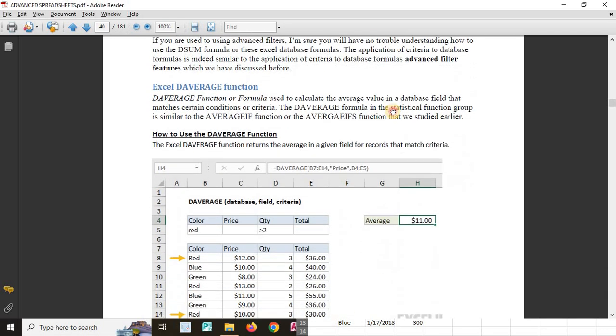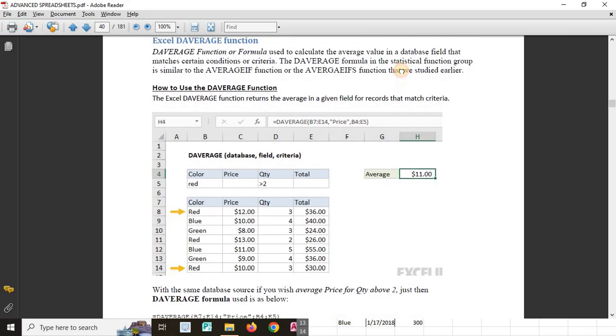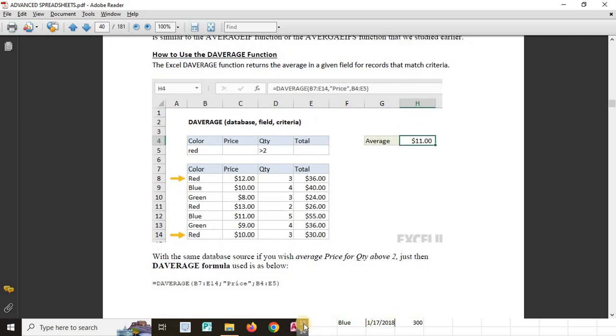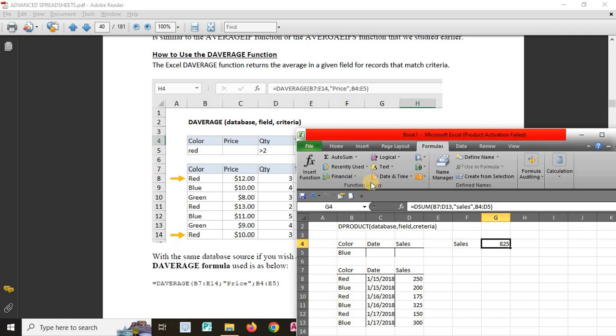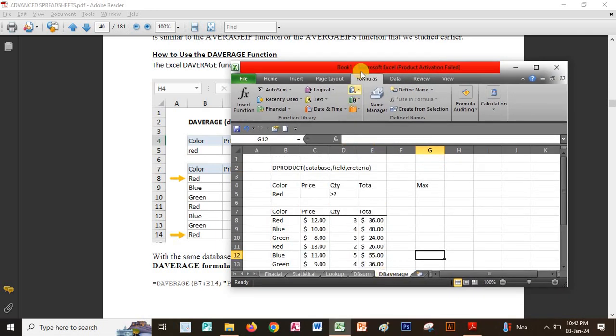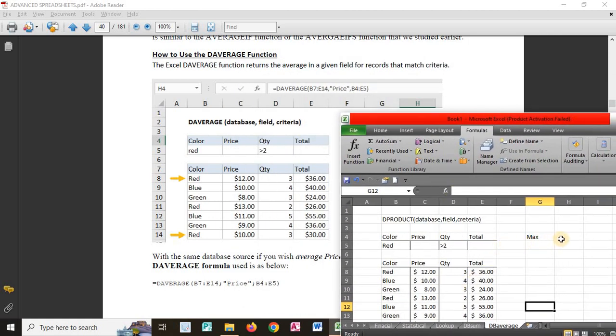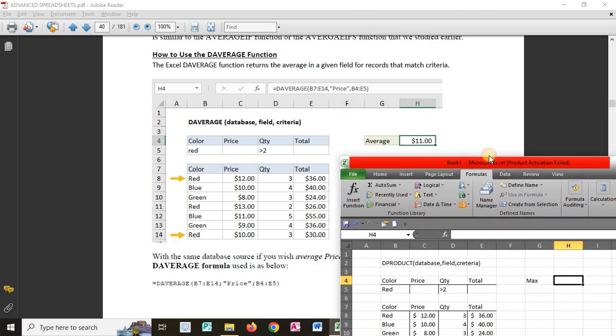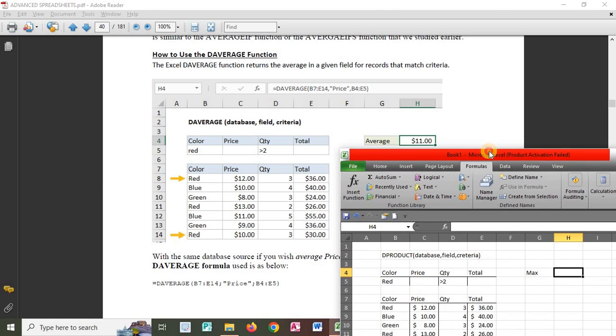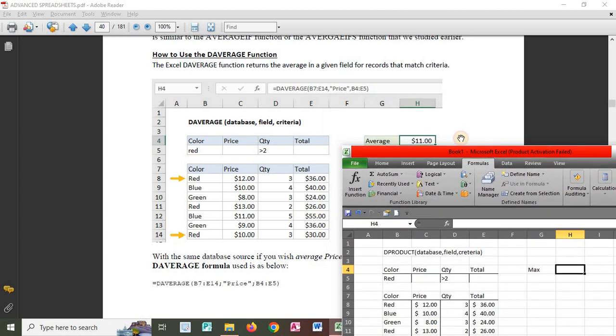So the same case for average. If you look, it should work out just the same way. In this case I have also some data for working with average. So again, I want us to do the averages that are red and they are greater than 2 quantities.